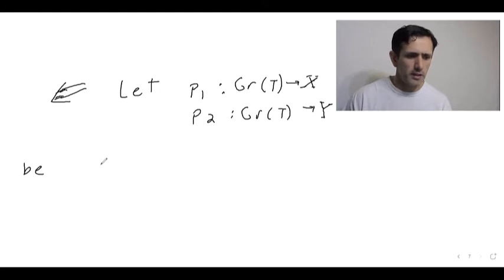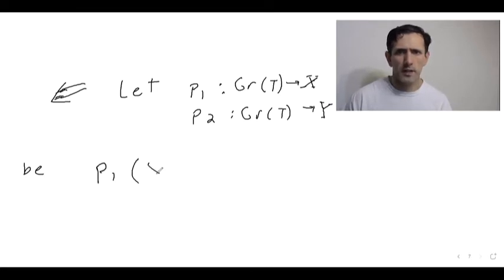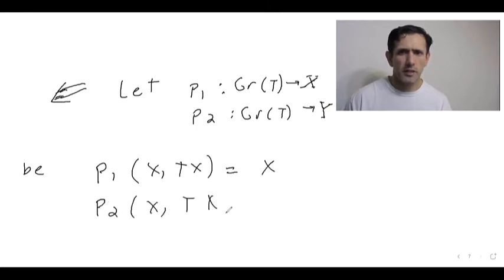Let's say these are just the projection operators onto the first component, so x, tx gets mapped to x, and this gets mapped to tx.